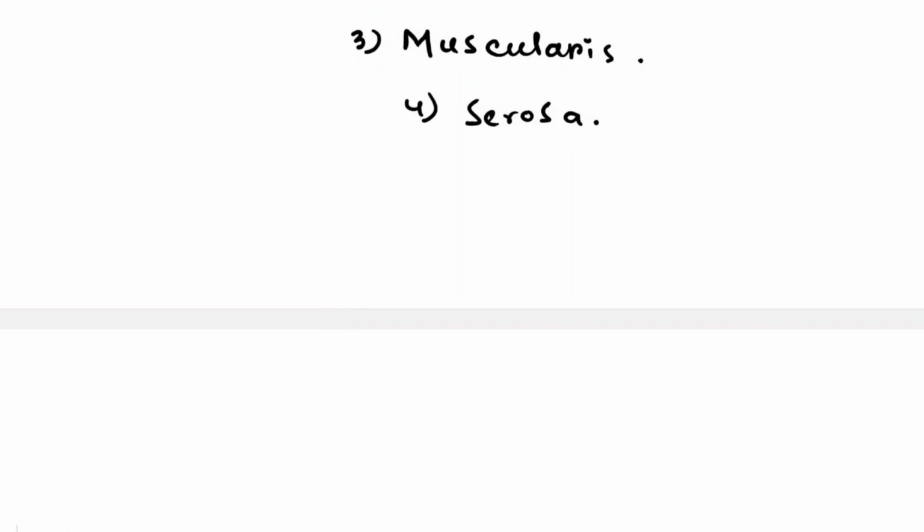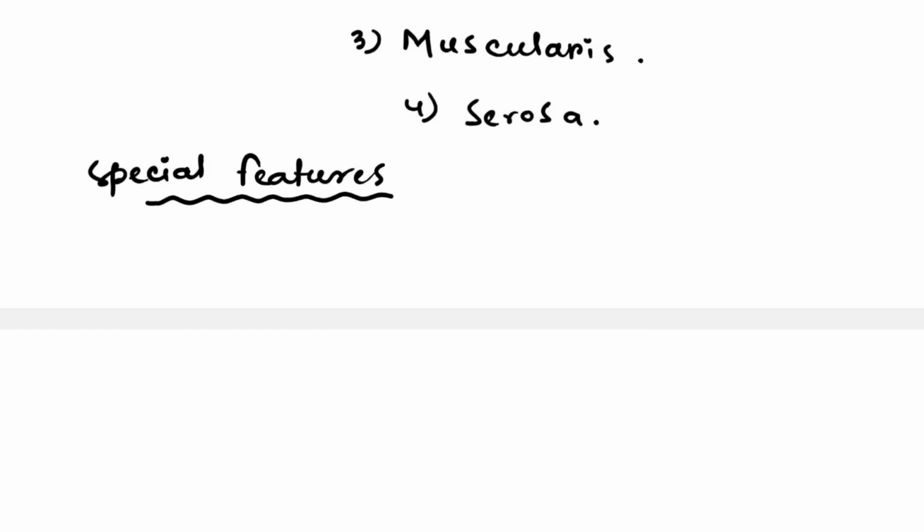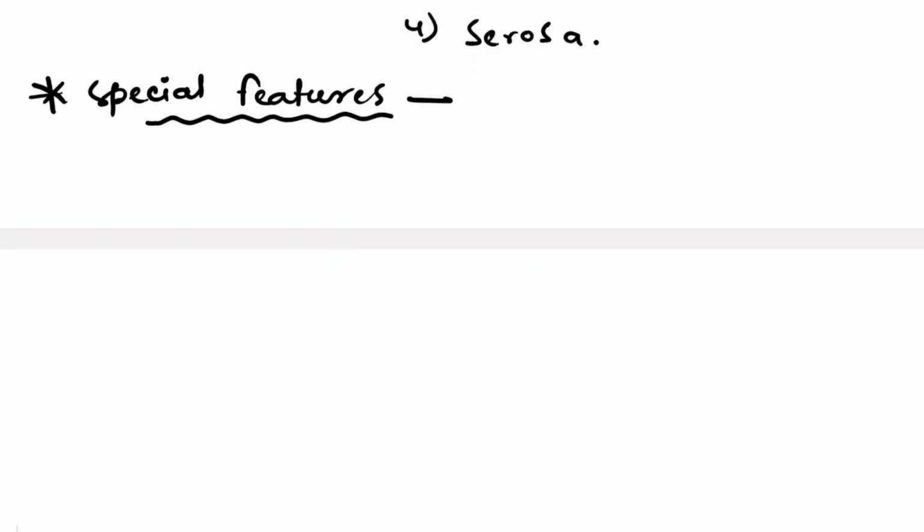Before that, we will discuss the special features. Star point, you can write. In the special features, villi and microvilli are present.